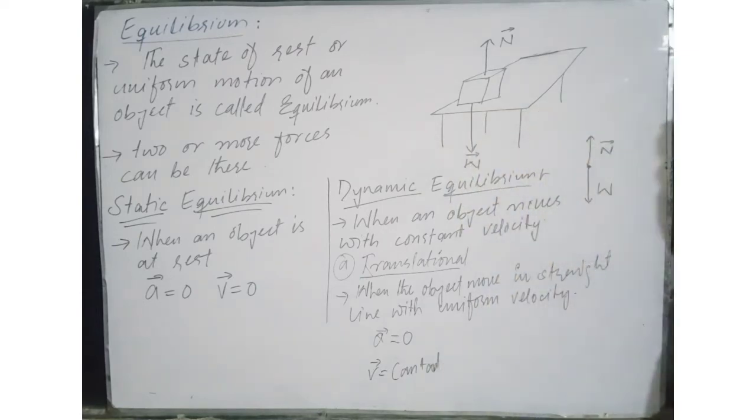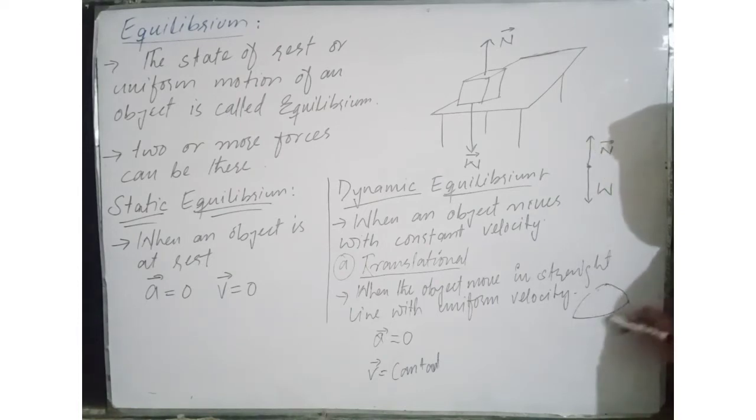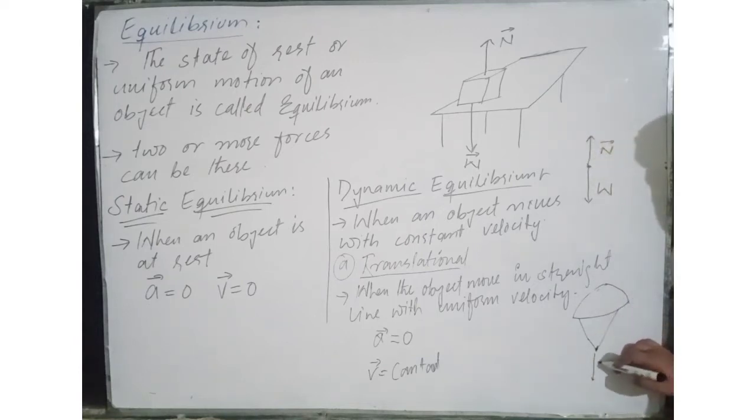Okay, so we can take an example of a paratrooper, right? Let's say that a paratrooper is coming down. Now as he is moving down, the velocity of such a paratrooper is not going to change.